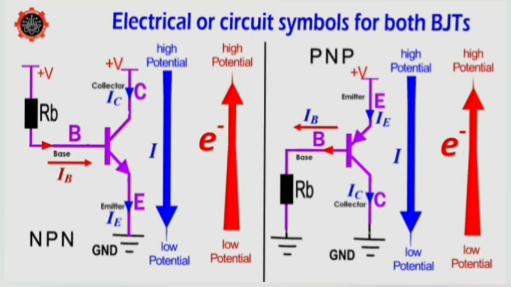The main reason why we like to use conventional current when analyzing circuits involving transistors is that the direction of the emitter arrow tells us the direction of the emitter current IE and the type of BJT transistor we are dealing with.